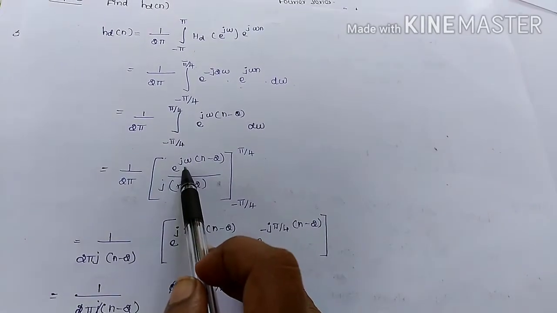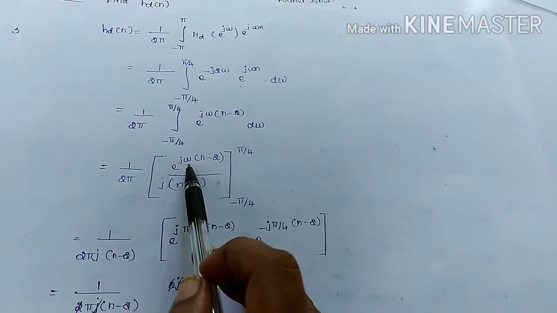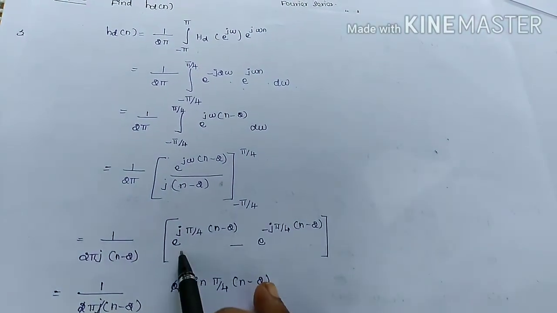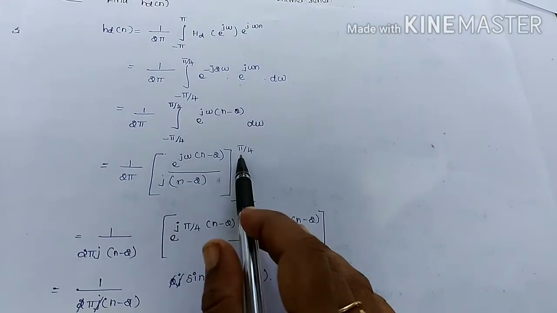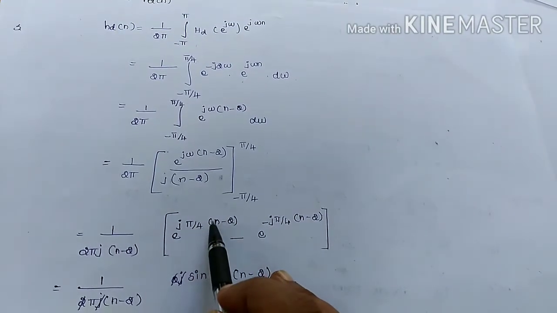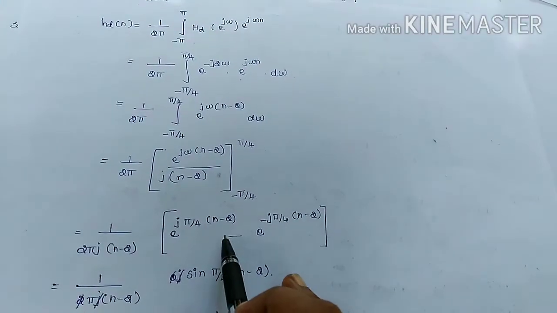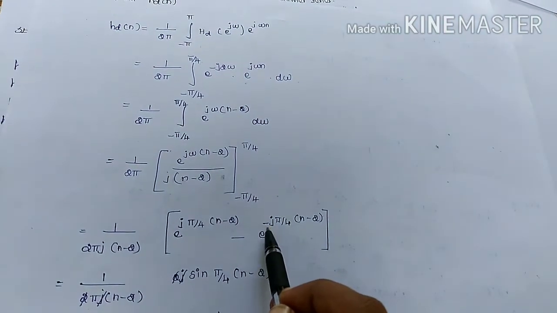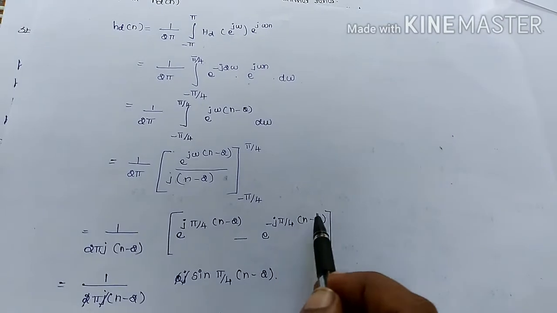Here my variable is omega, so I substitute omega equal to pi by 4 and minus pi by 4. So e power j, the upper limit pi by 4, into (n minus 2), minus, the lower limit e power minus j pi by 4 into (n minus 2).